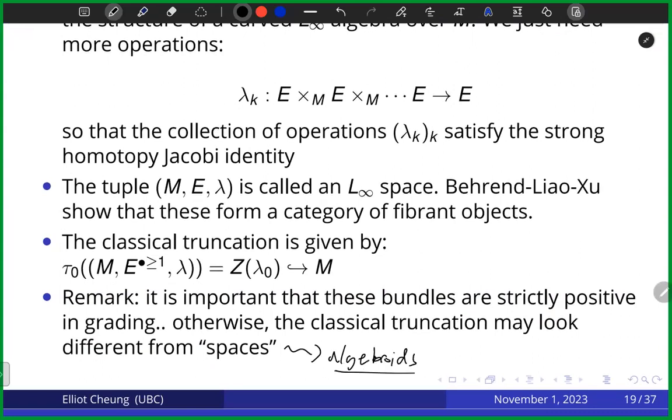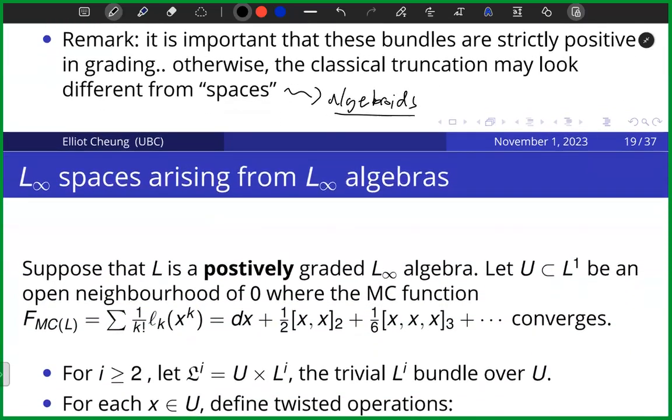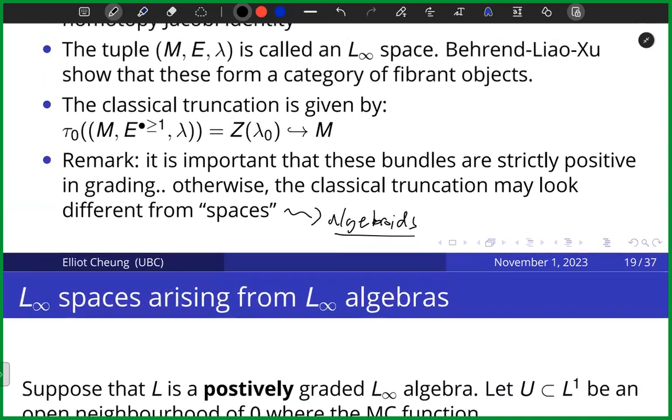It is something that people do, but in this case, we will not do that. So all our bundles have to be strictly positive in grading. Now, an important construction that I want to discuss is how to produce an L infinity space out of an L infinity algebra.